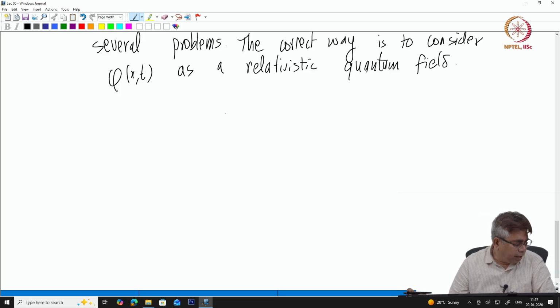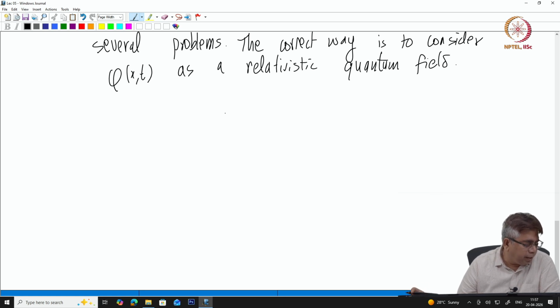Okay, so now let us continue with the momentum operator and everything.